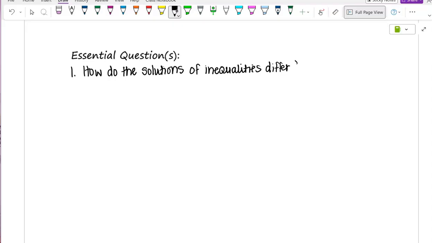The first question: how do solutions of inequalities differ from the solution to an equation?